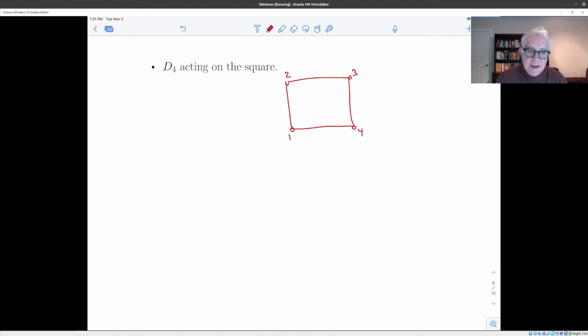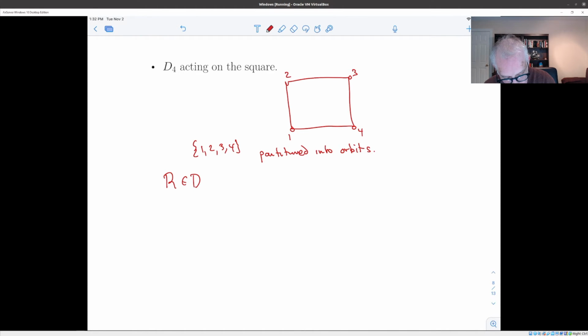So the set of vertices 1, 2, 3, 4 should be partitioned into orbits corresponding to being G-similar, G-equivalent. But we have this rotation r in D4, and r takes 1 to 2, 2 to 3, 3 to 4, and 4 to 1.